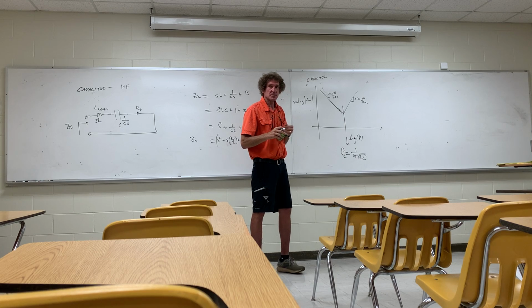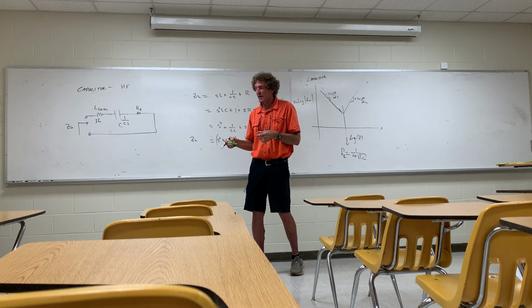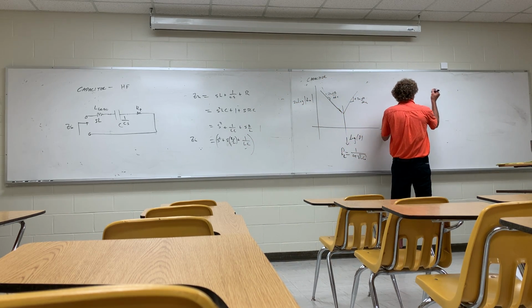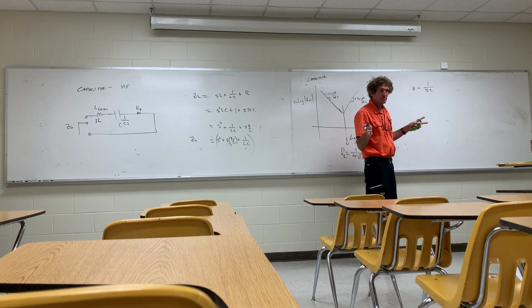Now, I guess it's worth me saying this. Why do I say 20 dB per decade, or 40 dB per decade? Let's just take the impedance of a standard capacitor. That's 1 over SC. Does everybody agree with that?